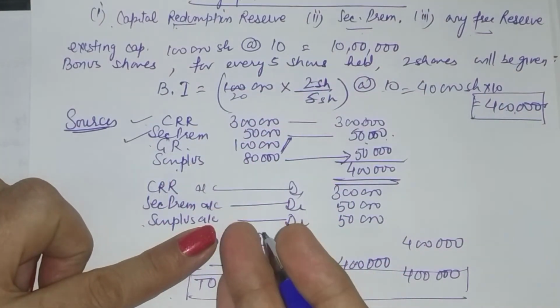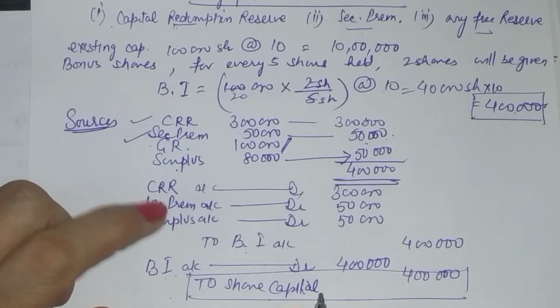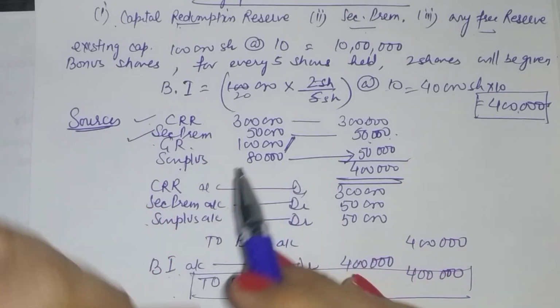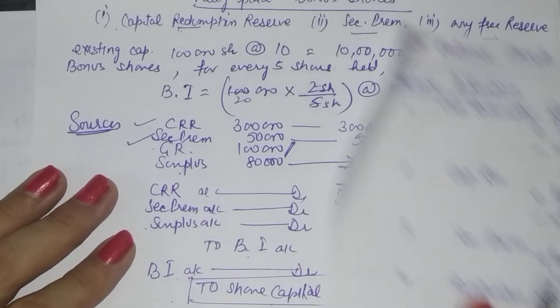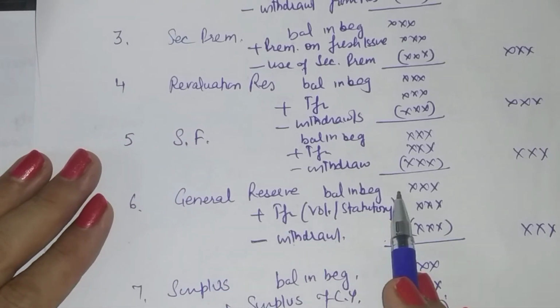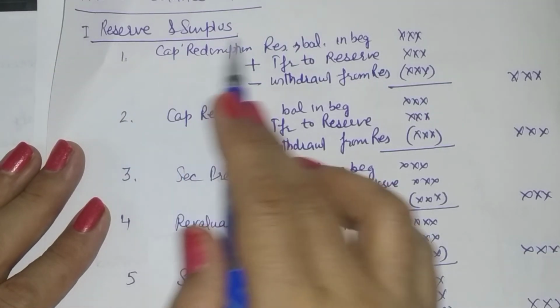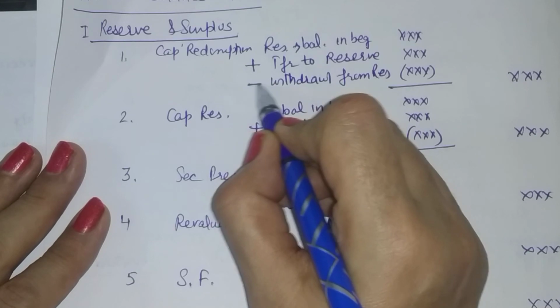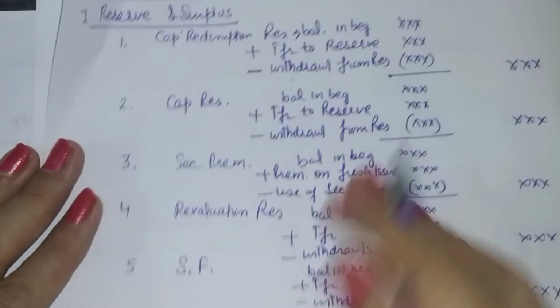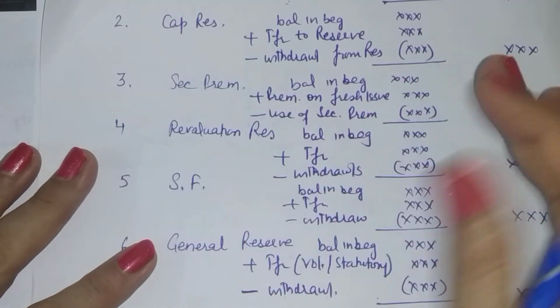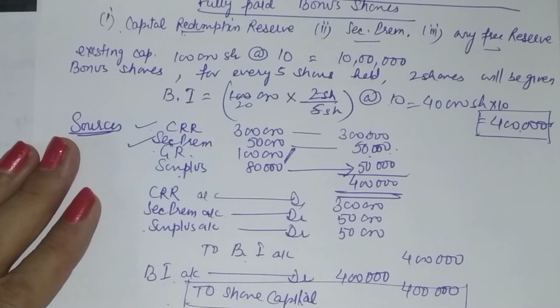But CRR, securities premium and surplus that you have here will be reduced. So in your notes to balance sheet, when you are preparing general reserve or capital redemption reserve, you will deduct the amount: withdrawal from the reserve for bonus issue, right? So these will be reduced.